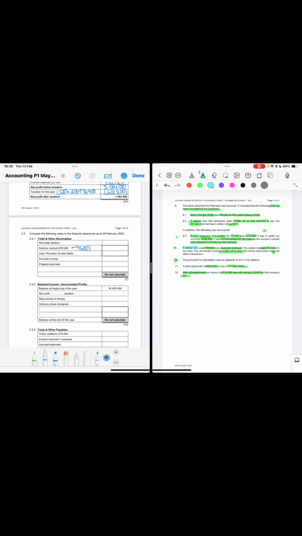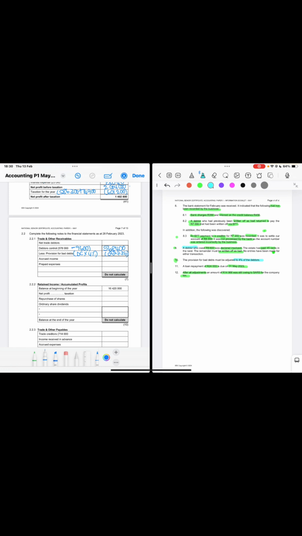And that will give us 568,400. And then to get our provision for bad debts, that's just debtors control multiplied by 4%. So the 568,400 that we just got, multiply that by 4%, and that will give you 22,736.